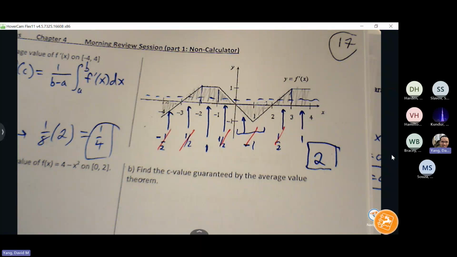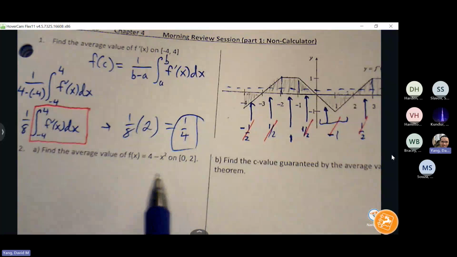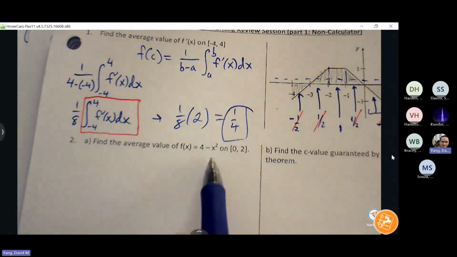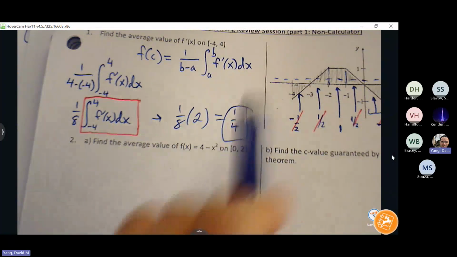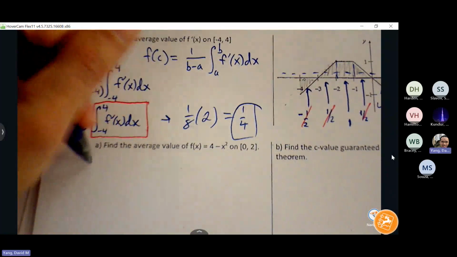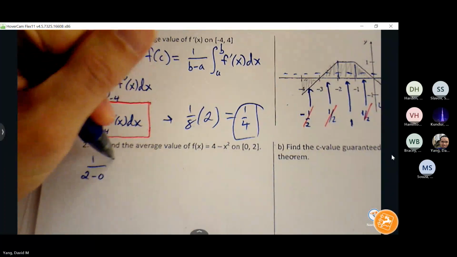Okay, it says find the average value on the interval from 0 to 2. Now we're just going to rely on the function here. So same formula, which is going to go through power rule instead of reading from a graph. 1 over b minus a.